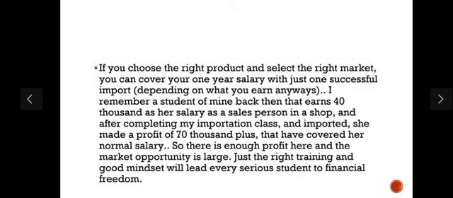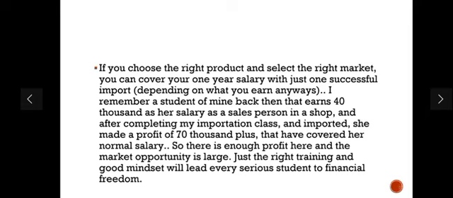So if you choose the right products and select the right market, you can cover your salary, depending on the kind of job you're doing. I remember a student back then who earned like 40,000 naira as a salary as a salesperson in a shop, and after completing my importation class, she made a profit of about 7,000 naira, which is more than her salary.